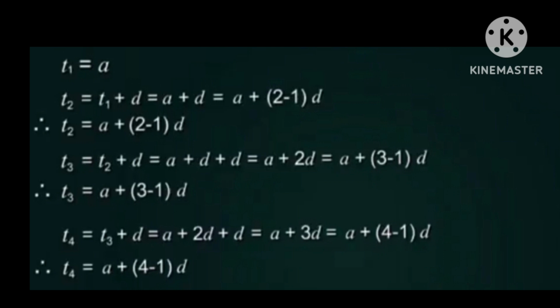From this, we can conclude that the nth term can be obtained by adding the product of the common difference and the previous term number to the first term A. So, in general, we can write the formula for the nth term of an AP as follows.